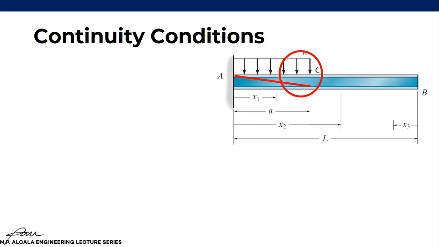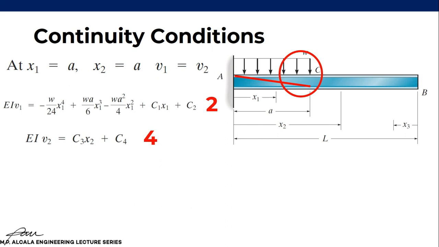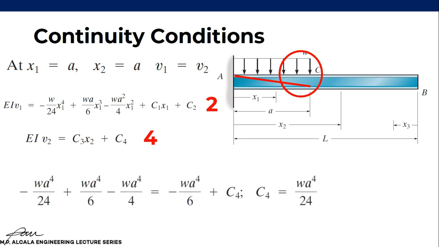Now, another continuity equation at x equal to A, you have the same deflections for x1 and x2. V1 and V2 deflections are equal. So C2 and C4 will be simply equal, equation 2 and equation 4. This will be your equation 2. We are omitting this, class, E1, because it's variable.